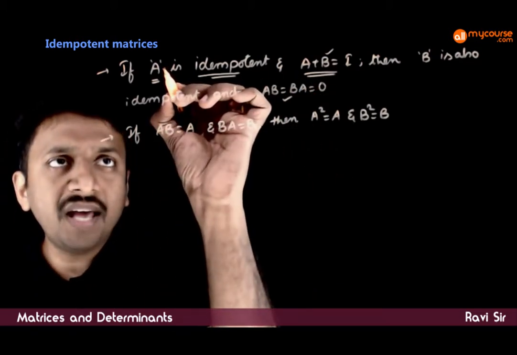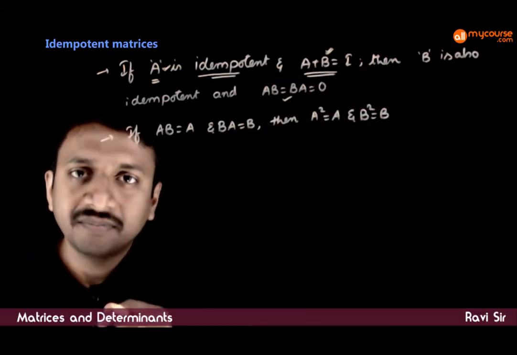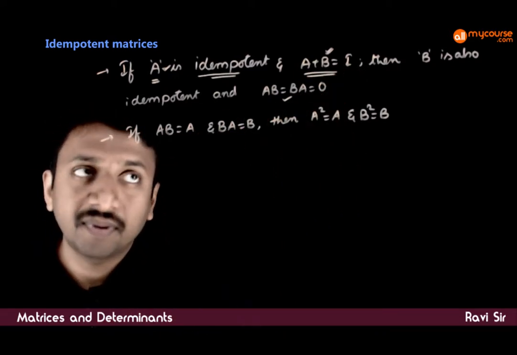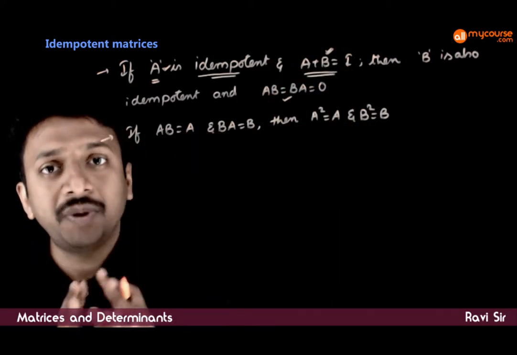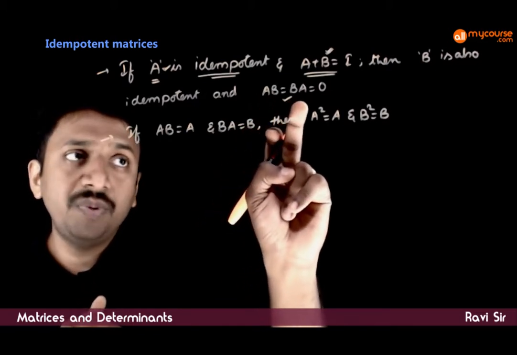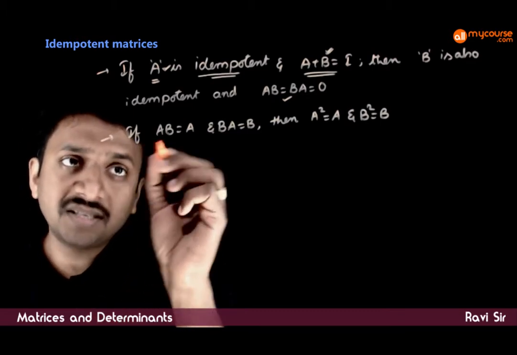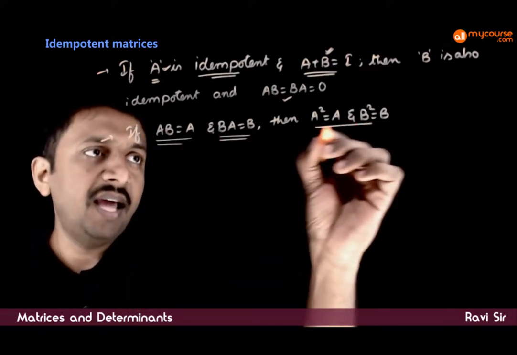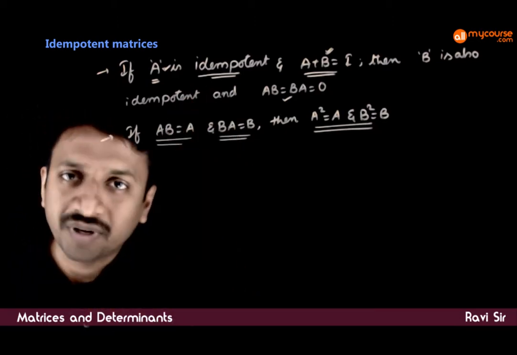That is, if A is an idempotent matrix, then B, which is I minus A, is also an idempotent matrix, and AB is equal to BA is equal to 0. And the next property is, if AB is equal to A and BA is equal to B, then A and B are idempotent matrices. Let us look at these properties.